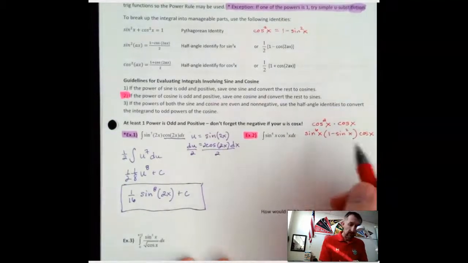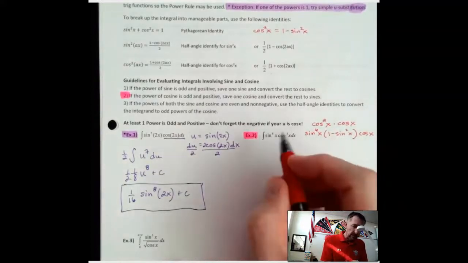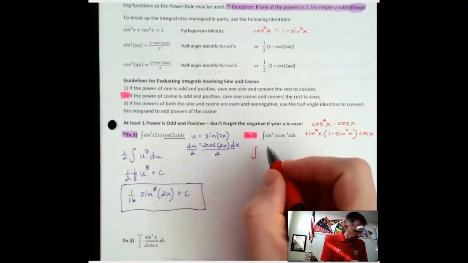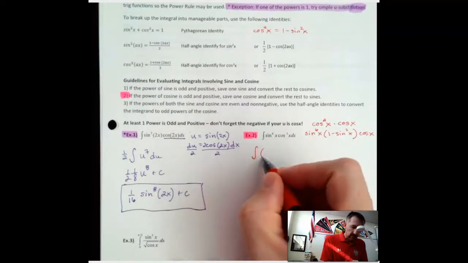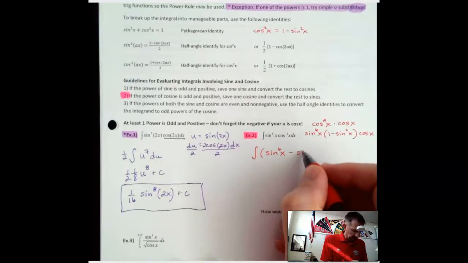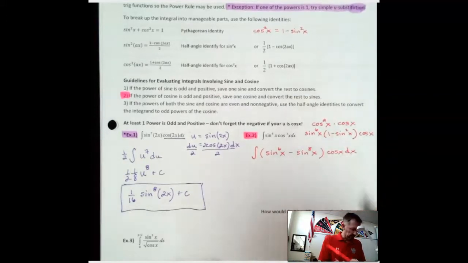Okay. Now, if we distribute that, that's going to be sine to the 6th minus sine to the 8th cosine x dx.